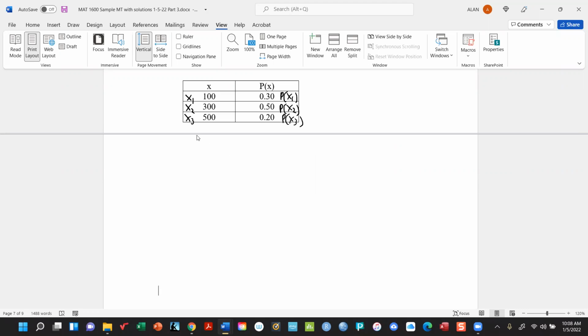Okay, so for example, C, expected value of X is obtained by multiplying each X by its own probability and then adding them up.